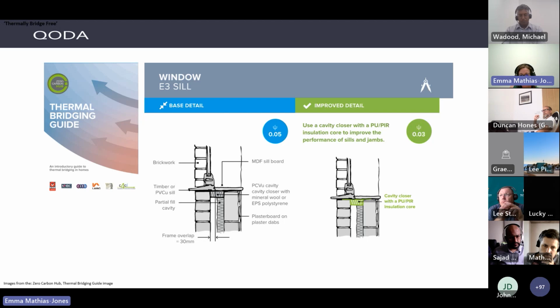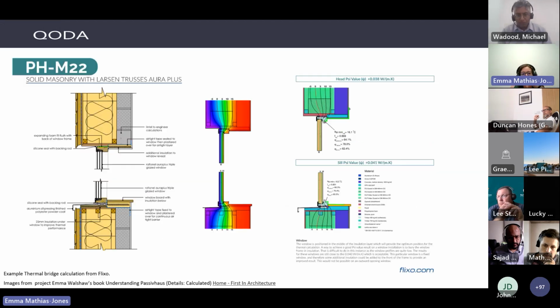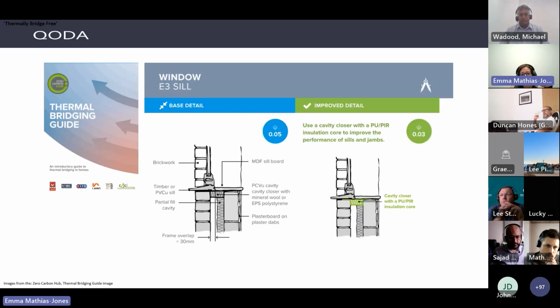It just says ideas on improving that junction, the sill junction. We can see that there's not much insulation here, and the window's not quite in line with the insulation in that base case. In the improved detail, it's a bit more joined up. You've got the glass and the frame, and it all joins up with the insulation a little bit better.